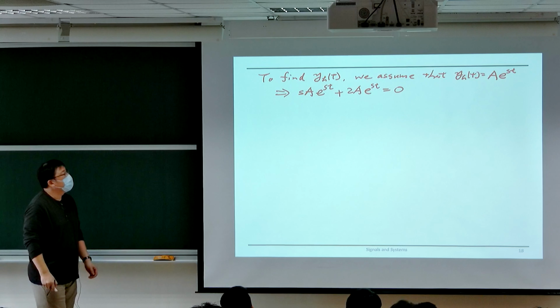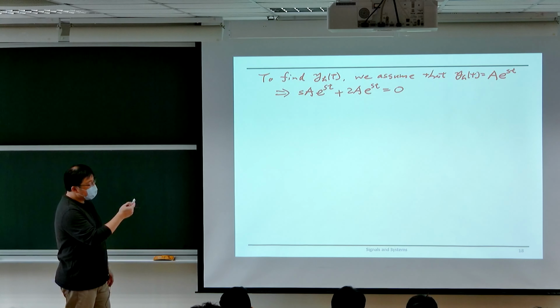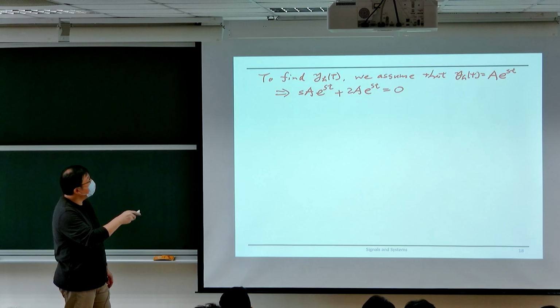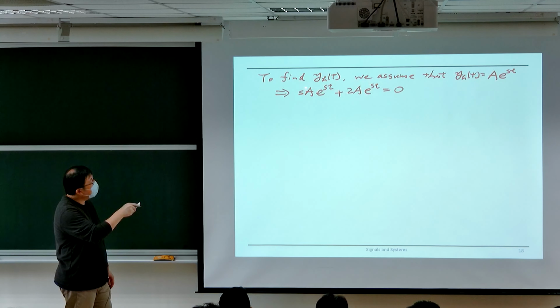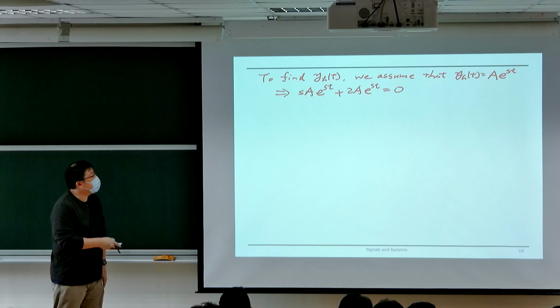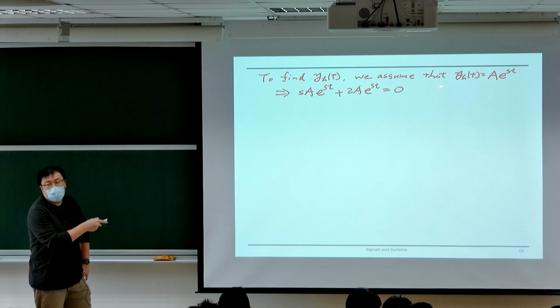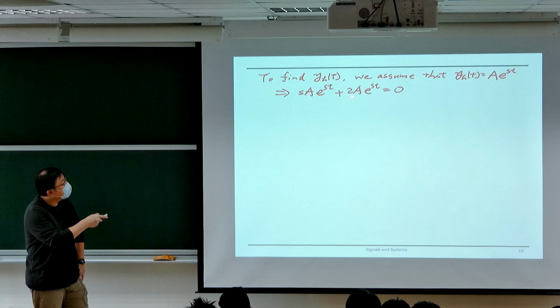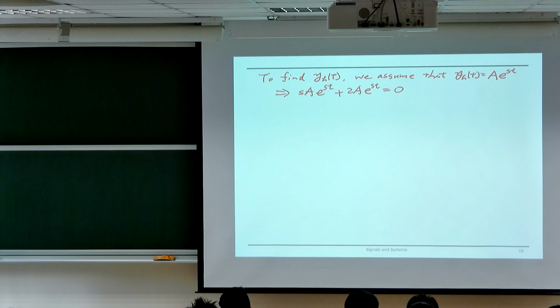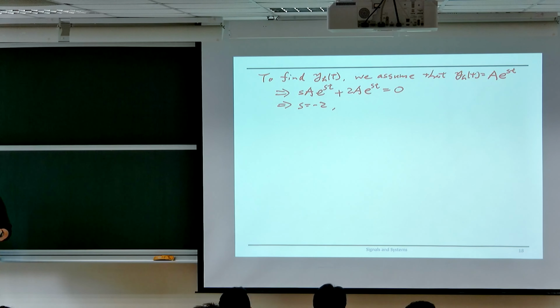Now, looking at this equation, if you cancel out these common terms, you'll find that this equality holds when s is equal to minus 2, and for any value of a, for a that is arbitrary.